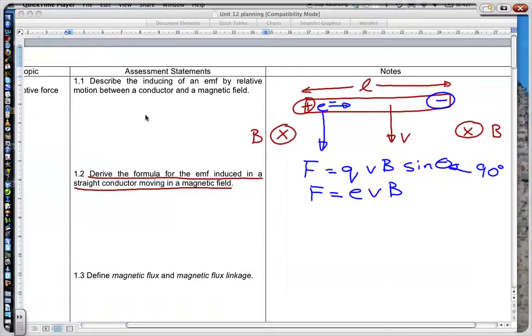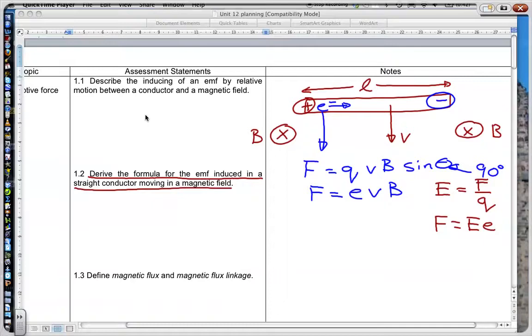Now we know that the formula for this is that the electric field strength is given by the force divided by the charge. So we therefore have the force is equal to the electric field strength times Q, but Q, because we're looking at electrons, is e.